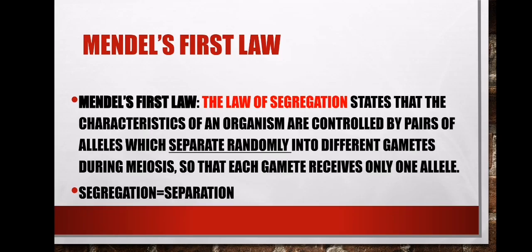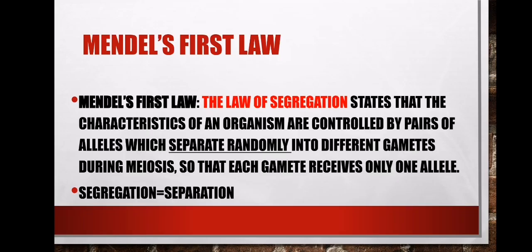They say this law states that the characteristics of an organism are controlled by pairs of alleles. These pairs of alleles separate randomly into different gametes during meiosis so that each gamete receives only one allele. Just understand it.